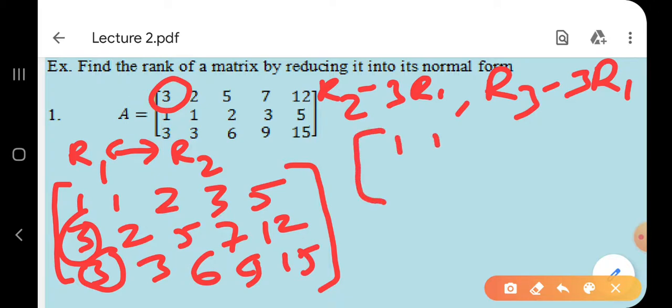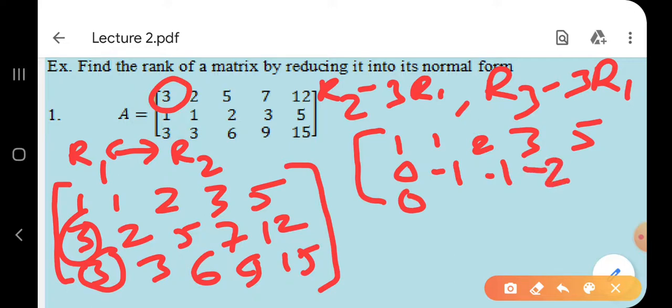So 1, 1, 2, 3, 5. Then 0, 0. No problem. Then 2 minus 3, it is minus 1. 5 minus 6, again minus 1. 7 minus 9, minus 2. Then 12 minus 15, minus 3. Correct?